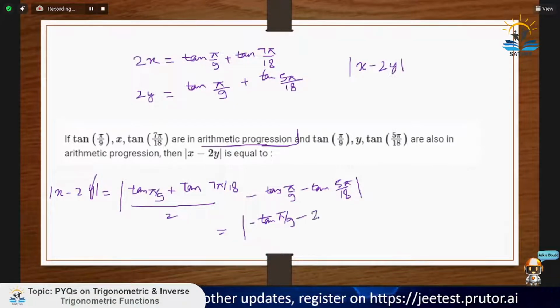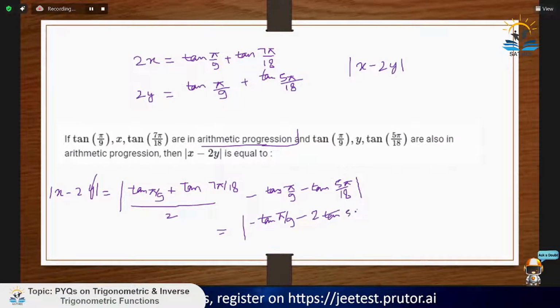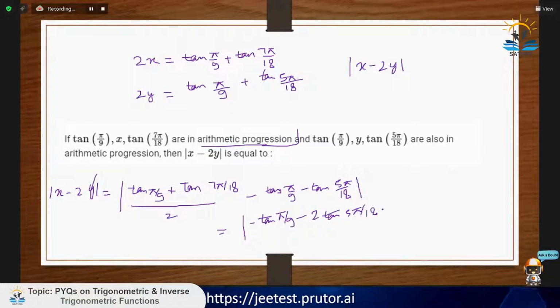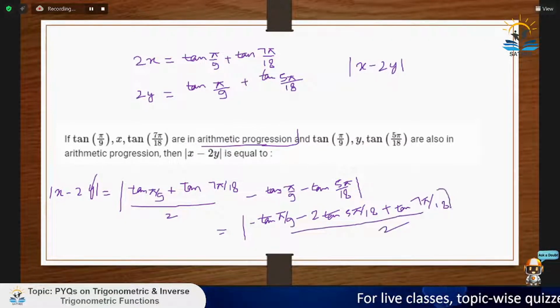Minus 2 times tan 5 pi by 18 plus tan of 7 pi by 18, upon 2. So now you can put simple values in here.